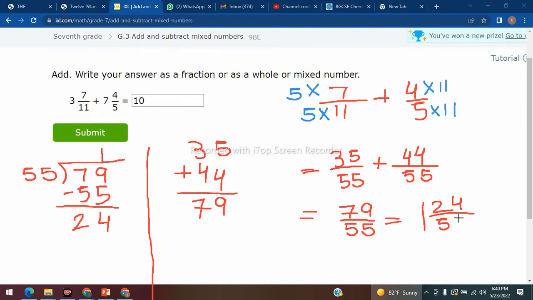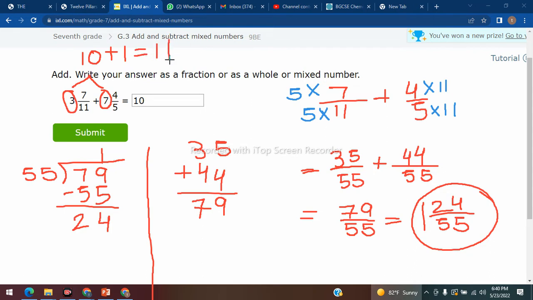And we cannot simplify that, right? No, you cannot. So that means we have 1 and 24 over 55, along with this whole number, 3 and 7. 3 and 7 is 10, but remember this 1 right there, so it's going to be 11.